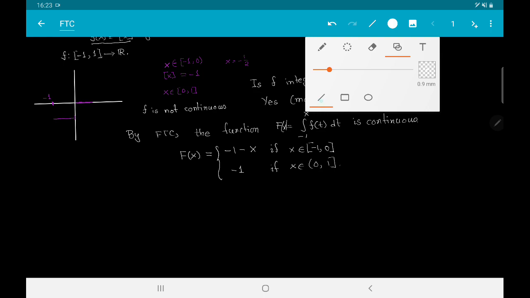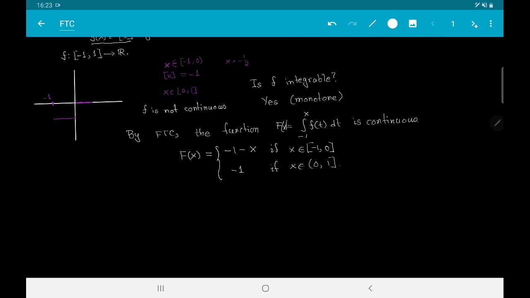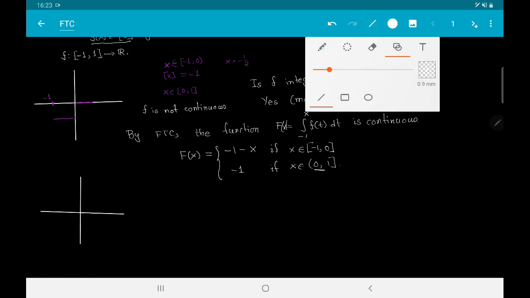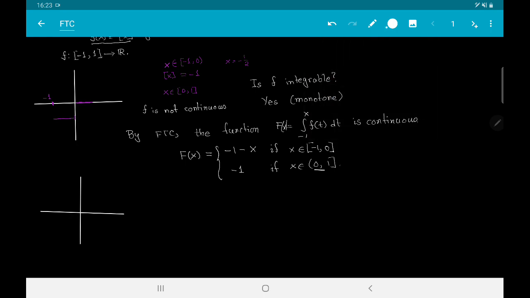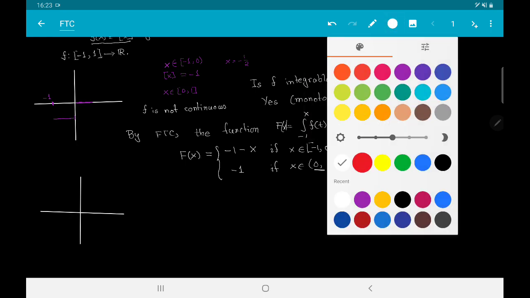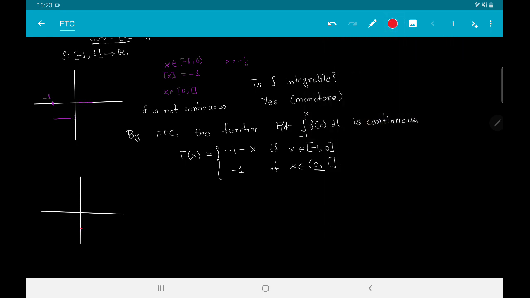If you want to plot this graph, let me try to do it for this example so that you get a good feeling for it. So this is our y axis, this is our x axis, and when x lies in the interval (0, 1], it is a constant function equal to -1 everywhere, so it would look something like this. And when x lies between -1 and 0, it will be -1 - x, so it looks something like this.